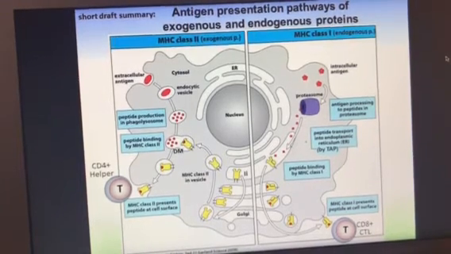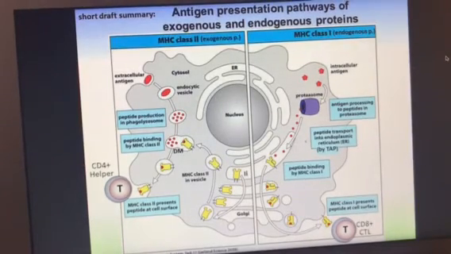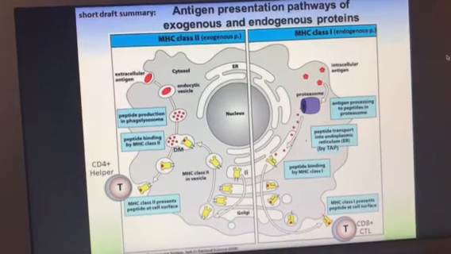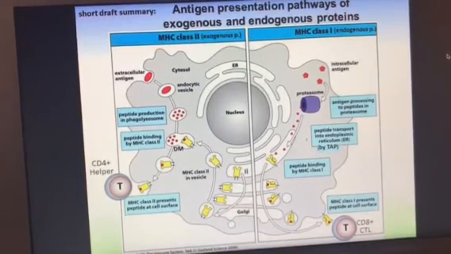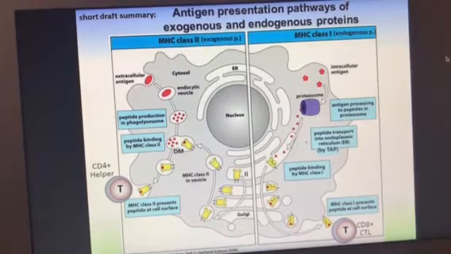And endogenous are the compounds generated within the body. So that's one. Exogenous antigens are actively taken into antigen presenting cells, whereas endogenous antigens are already present within the cytoplasm of antigen presenting cells.